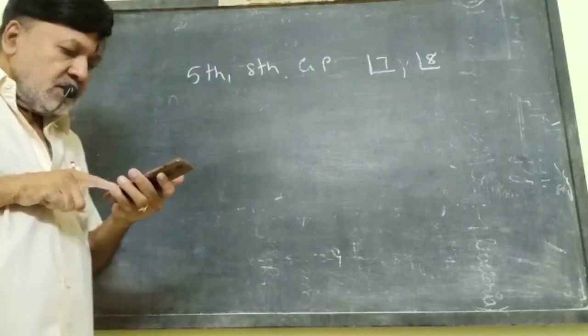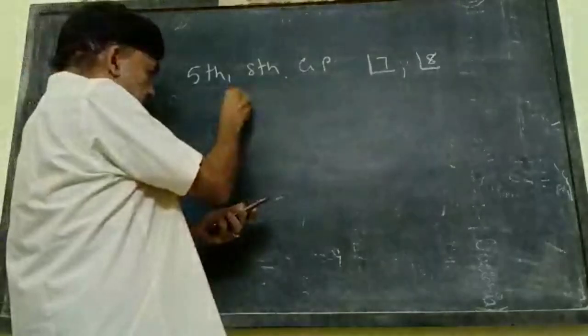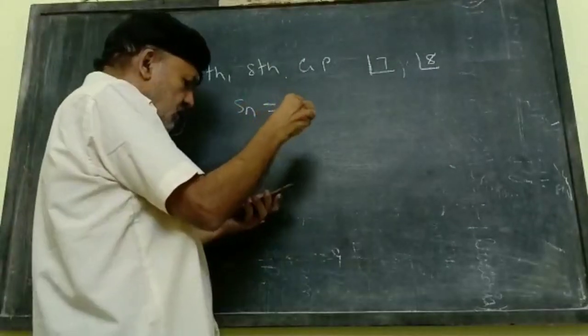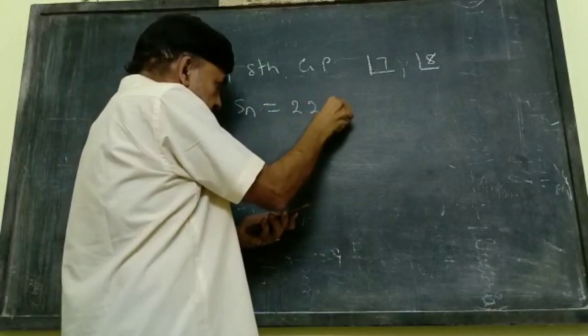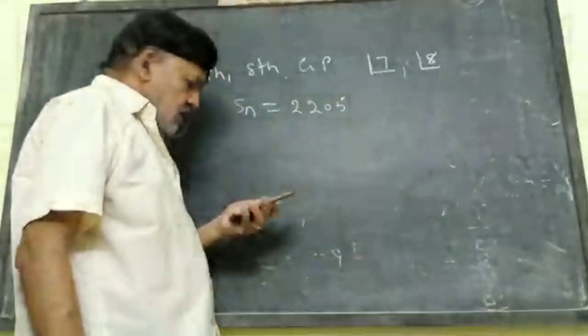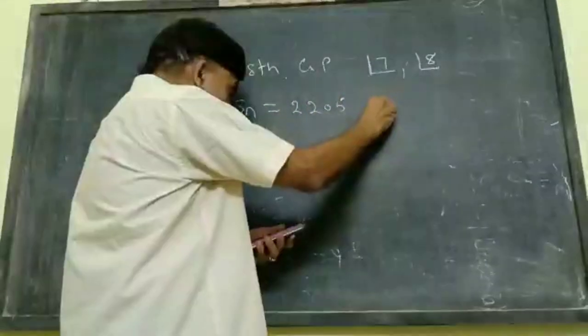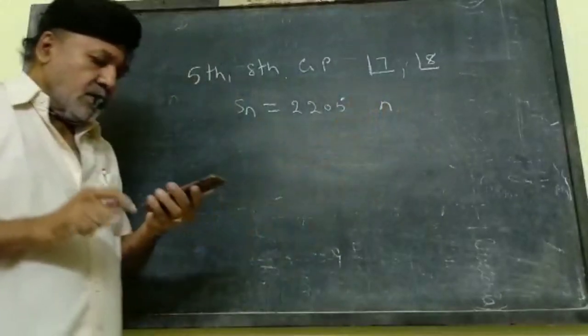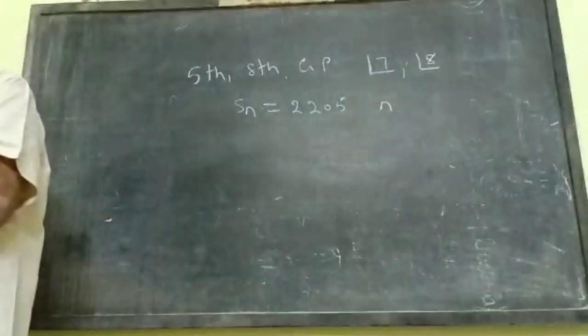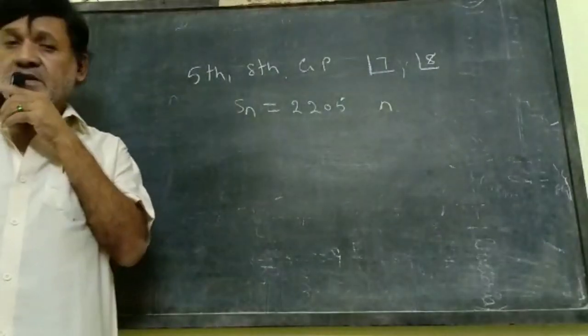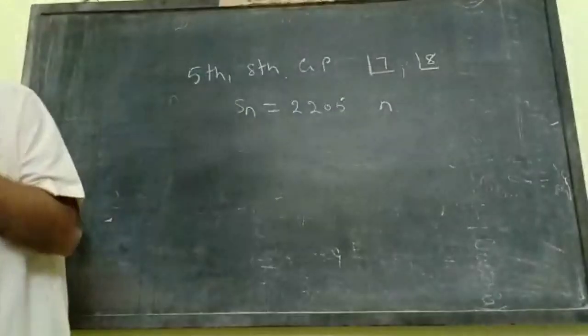Sum of first n terms, Sn is equal to 2205. Find the value of n. This is also a direct question.